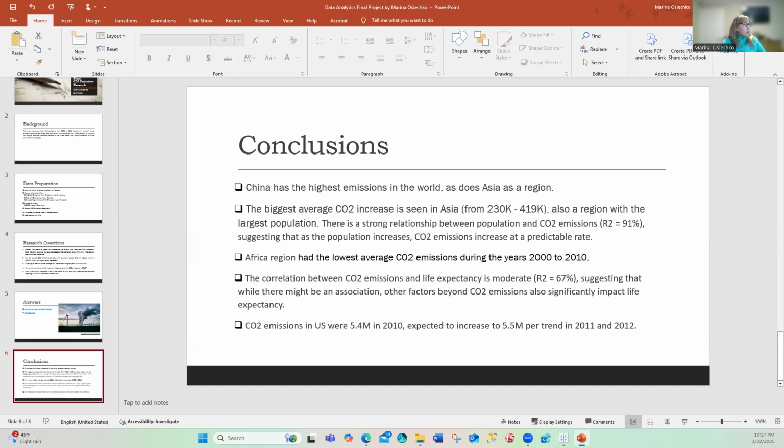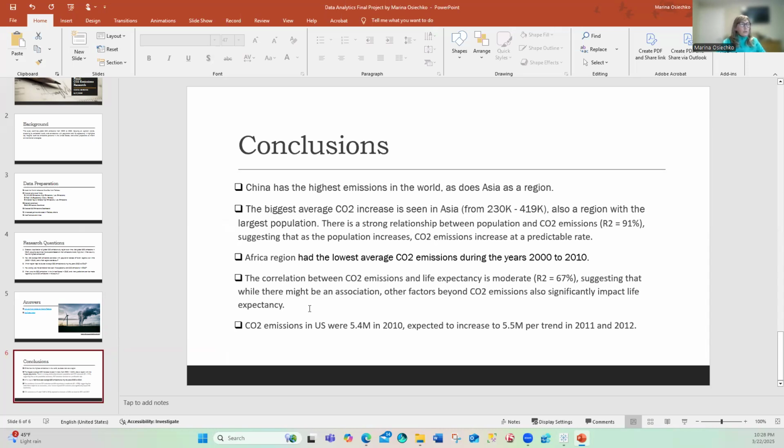So there is a strong relationship between population and CO2 emissions, suggesting that as the population increases, CO2 emissions increase at a predictable rate. Next conclusion, Africa region had the lowest average CO2 emissions during the years 2000 to 2010.